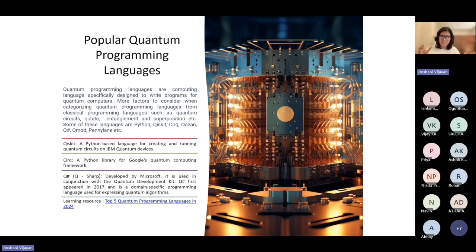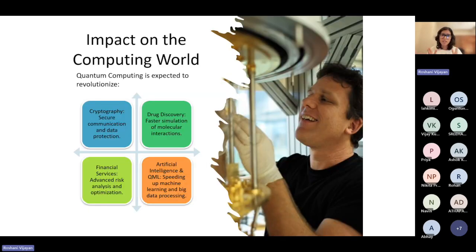And the impact of quantum computing on the computing world. Again, this is a little bit of a recap. I'm trying to go slow in case there are people who are new to this concept. So cryptography, you can use Shor's algorithm and parallelism to be able to break old encryption systems and build more secure ones. And you've got drug discovery, where you can recreate molecular interactions.